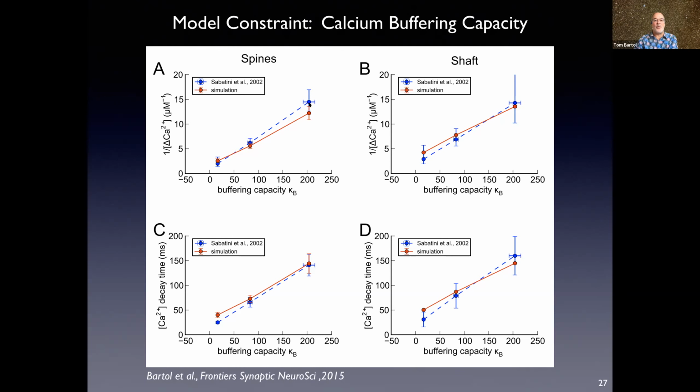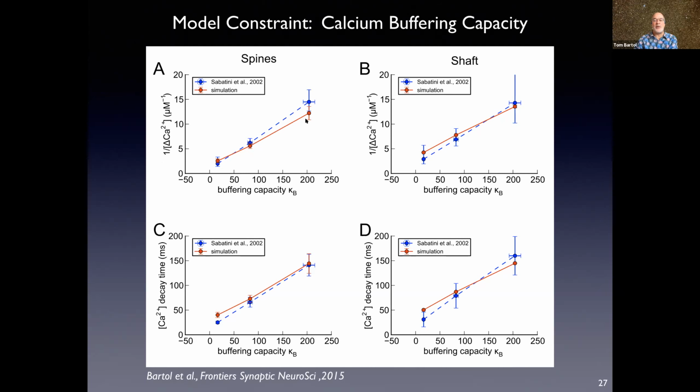And so what they were trying to do was estimate what's called the endogenous buffering capacity. And this is done by taking these blue dashed lines and extrapolating back to 0 exogenous calcium indicator. And that gives you a value for kappa B. We didn't really care about calculating the value of kappa B. What we cared about was making our simulation match their experiments.